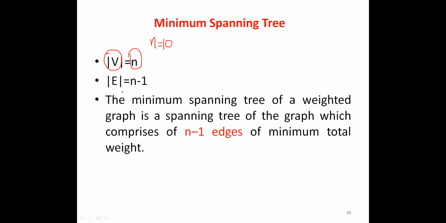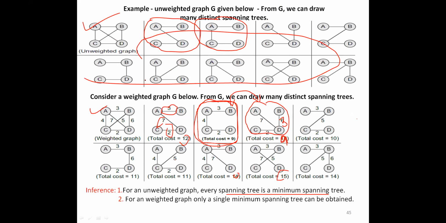And what about the edges? Always keep in mind, in case of a minimum spanning tree, there will be n minus 1 edges. You can see this example: 1, 2, 3, 4, 5.